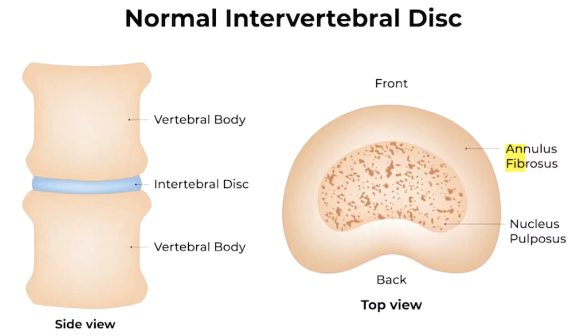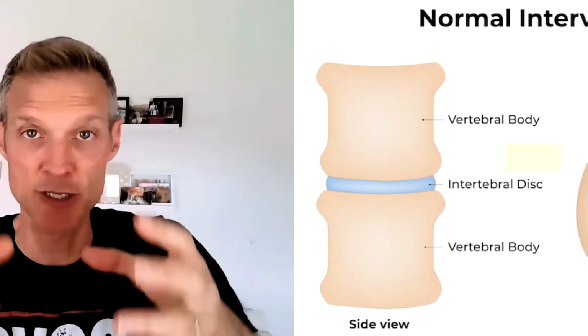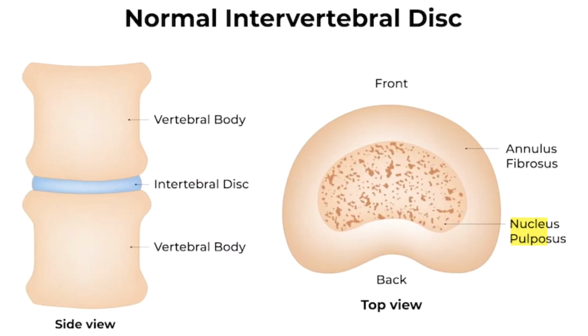The outer layer, the donut part, is known as the annulus fibrosus. And on the inside, the jelly-like substance is called the nucleus pulposus. I don't expect you to remember all of this, but I just wanted to make sure you understood what the spine and the discs actually look like.